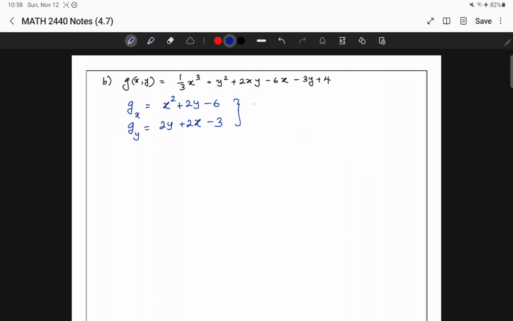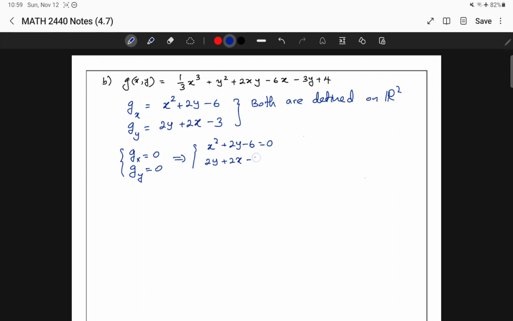Okay, both are defined on R2. So the way to find critical points is you make them equal to 0. So you get x squared plus 2y minus 6 equal to 0 and 2y plus 2x minus 3 equal to 0.